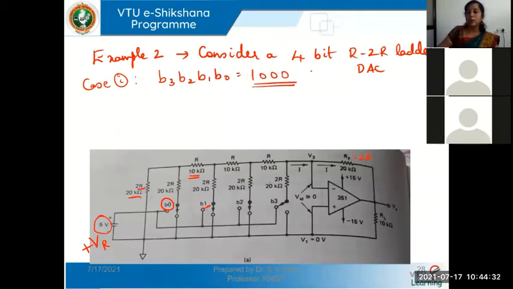At this point, I should get the output as almost half the reference voltage, or half the full scale output voltage. Yes or no? So what should be the connections here?